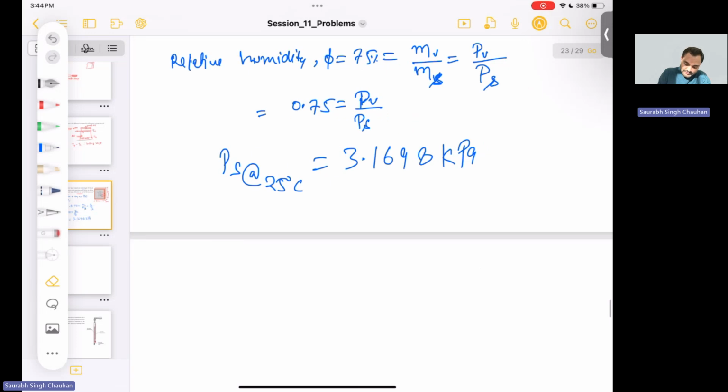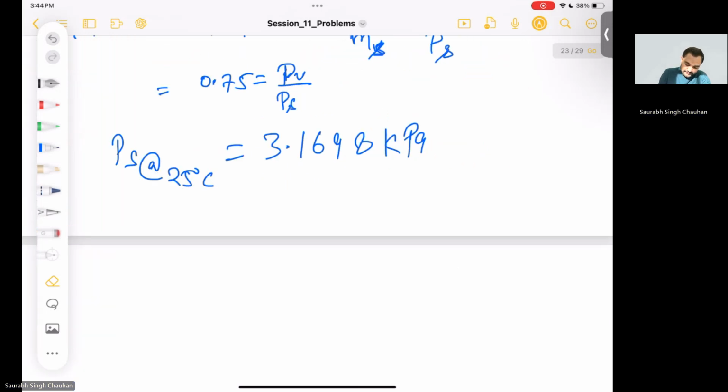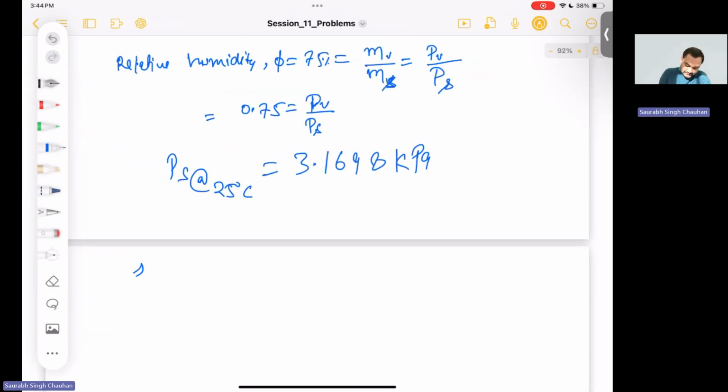So from this equation, we can find the partial pressure of water vapor. It will be equal to 0.75 multiplied by 3.1698 kilopascal.